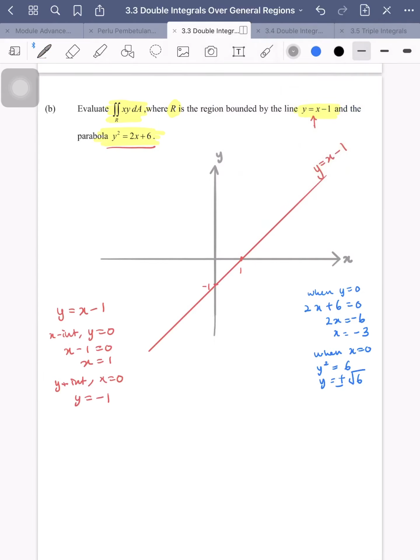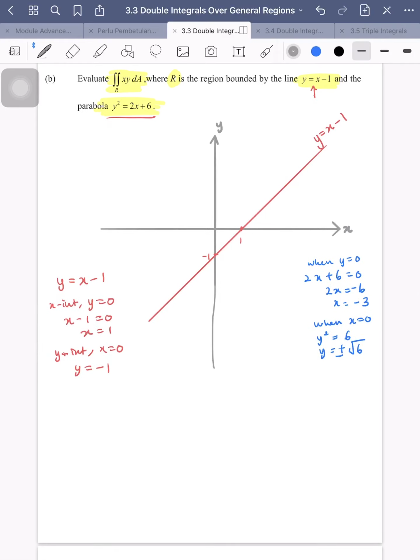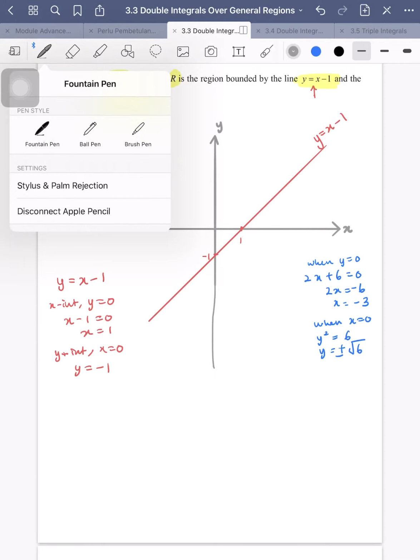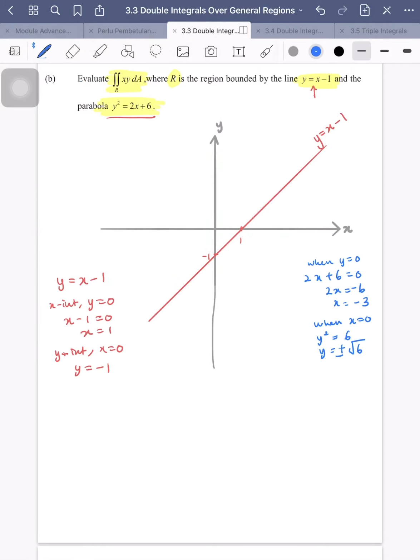Sorry, wait, I sketch it longer. Okay, one by one. So sketch the points first. It intercepts at x equal to negative 6. And the y-intercepts at plus minus root 6.